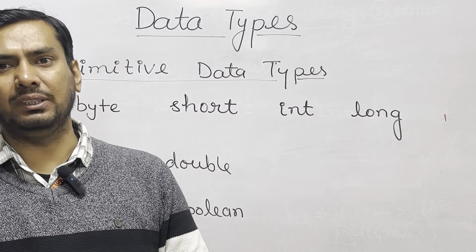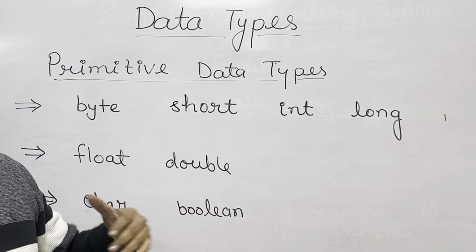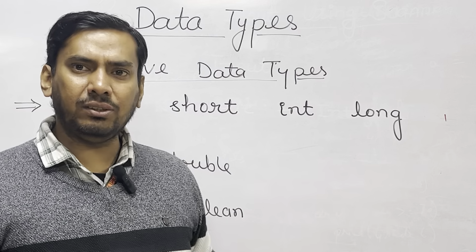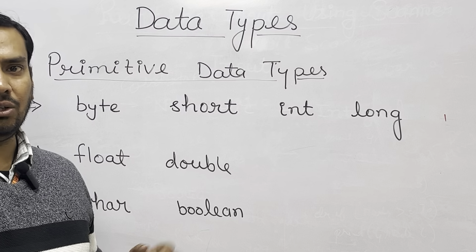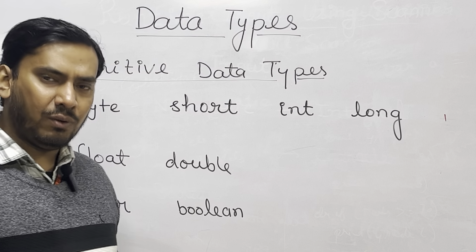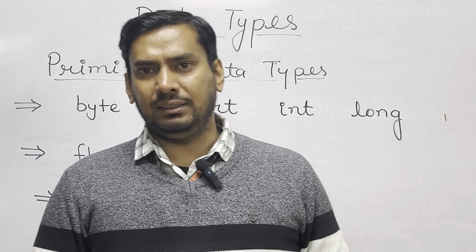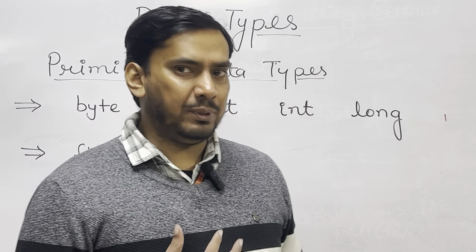If you want to store a smaller value, you can go with byte or short. If you have a very large value, you can go for long or int type. So, depending on the requirement, you can take a variable of a given type. One more thing I would like to discuss: there is a statement generally made that Java is a strongly typed language.